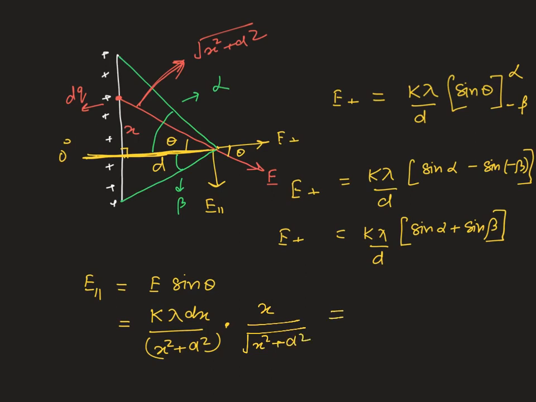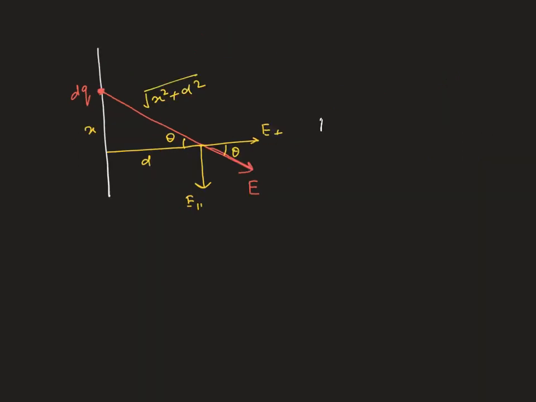So k lambda x dx upon x squared plus d squared power 3 by 2. Okay, so we were at E parallel, that was equal to k lambda x dx upon x squared plus d squared power 3 by 2.